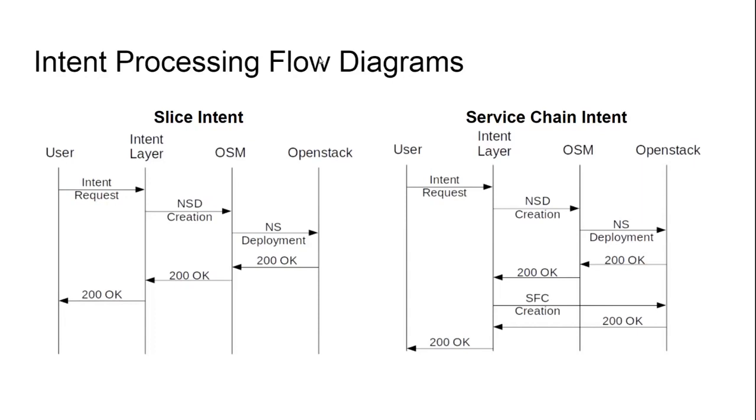And then on the right, we have the flow diagram for the service chain intent. It's pretty similar until the SFC creation, because as I said, for the SFC we are talking directly with OpenStack.